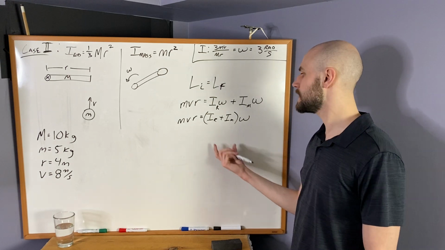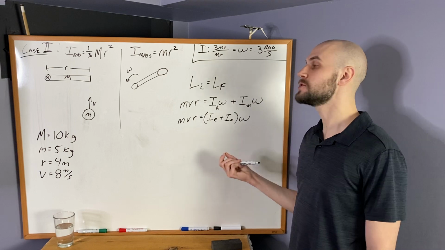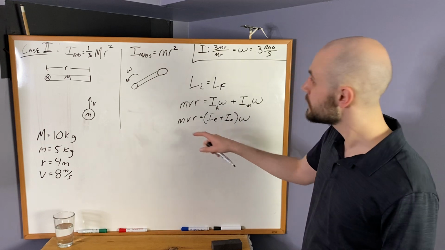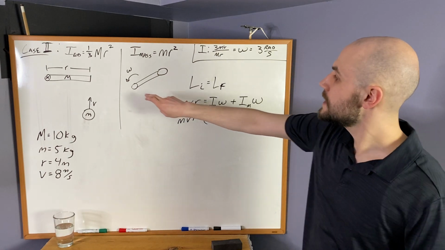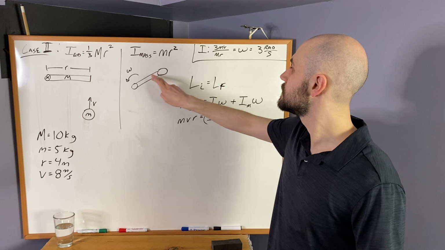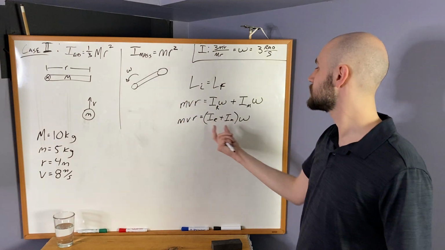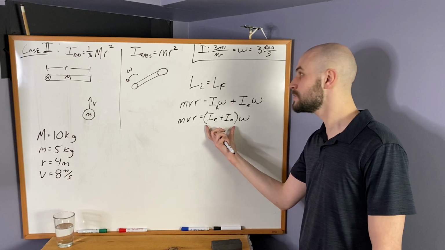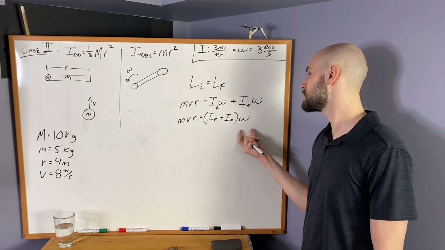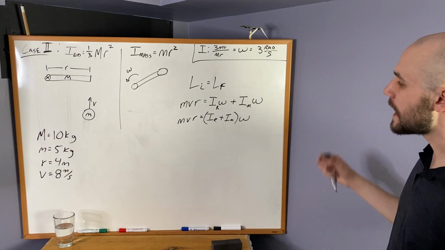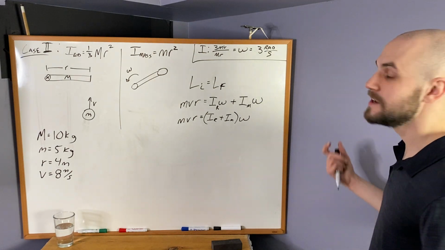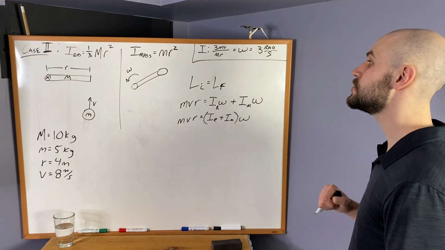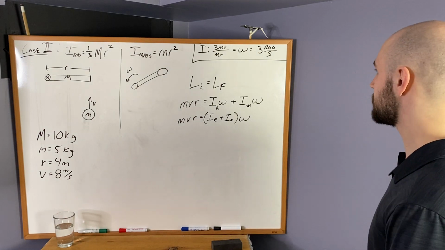We didn't really talk about this in class, but when it comes to rotational inertias of multiple things, maybe a rigid body, a point mass, maybe another rigid body as well, as long as they're rotating about the same axis, we can add the rotational inertias of each one, the rotational inertia of the rod and the rotational inertia of the point mass. Here's the rotational inertia of the system now, and it's all multiplied by omega. Either way, you're going to get to that result. All right, our goal here is to solve for omega, compare it to case 1, and see what changes when the ball actually sticks to the rod.